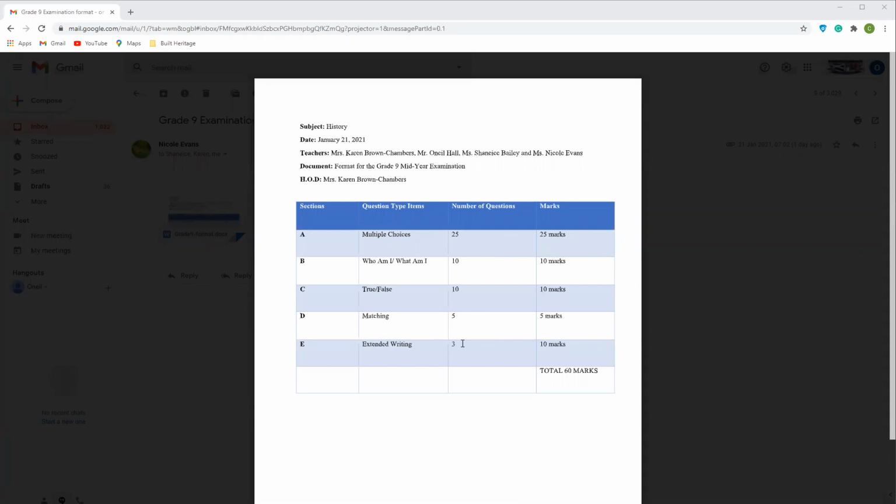Short answer responses. Sir, in the who am I section, are we going to get the words to put in? You get the words and you fill in the correct ones. Yes.